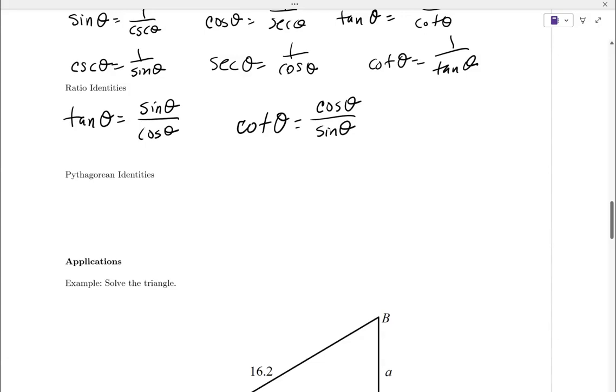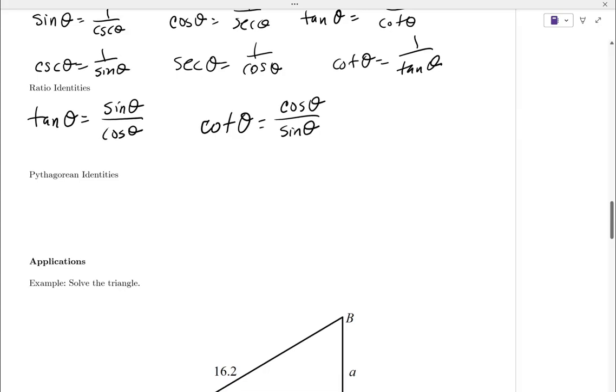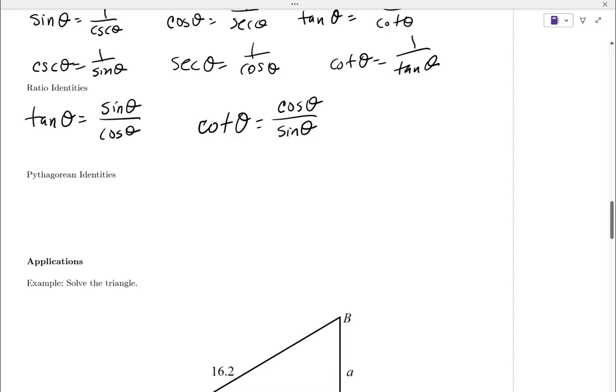All right. The last ones we talk about are the Pythagorean identities. We call them Pythagorean identities because they come right directly out of the right triangles and using the Pythagorean theorem. Okay. So, using the notation that I had before, you don't have to rewrite this, but this is my theta.